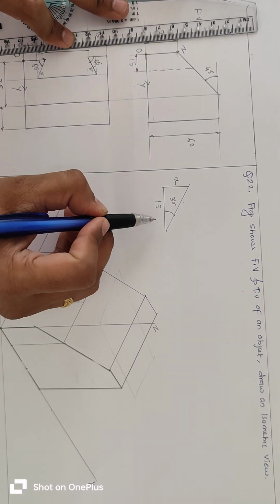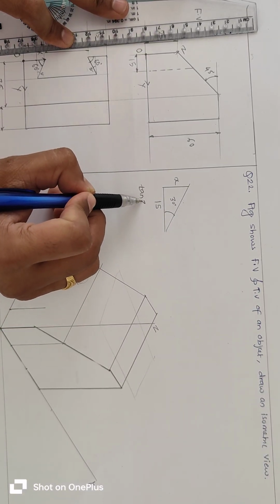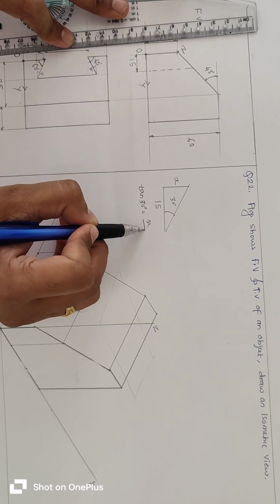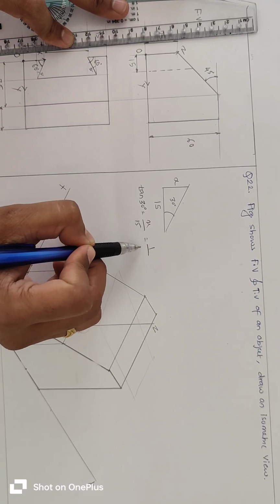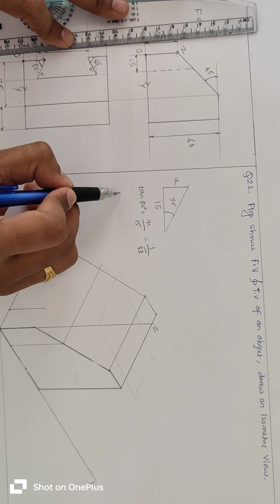So tan of 30 degree is x by 15, which is equal to 1 by root 3.